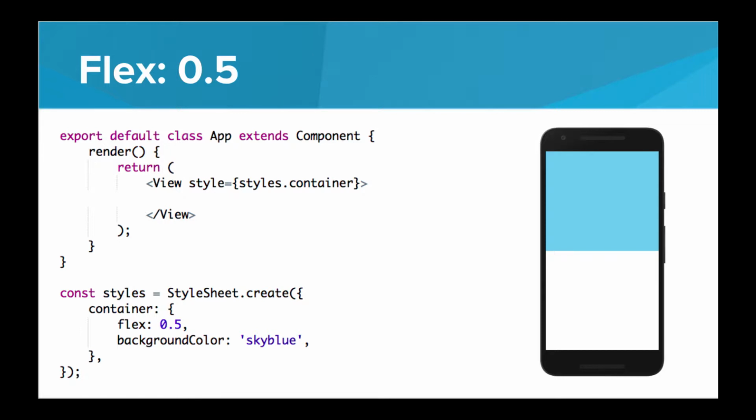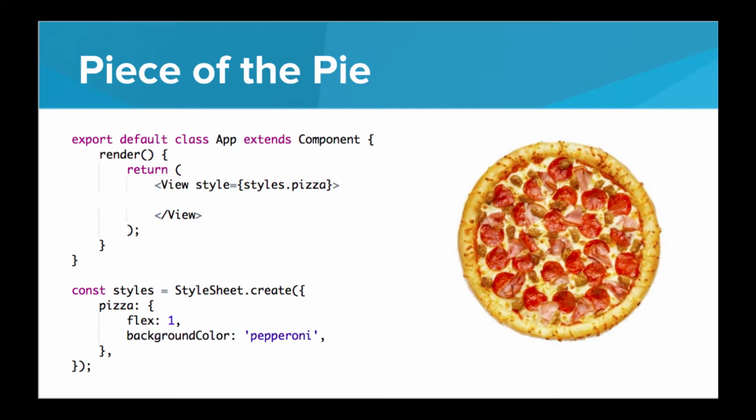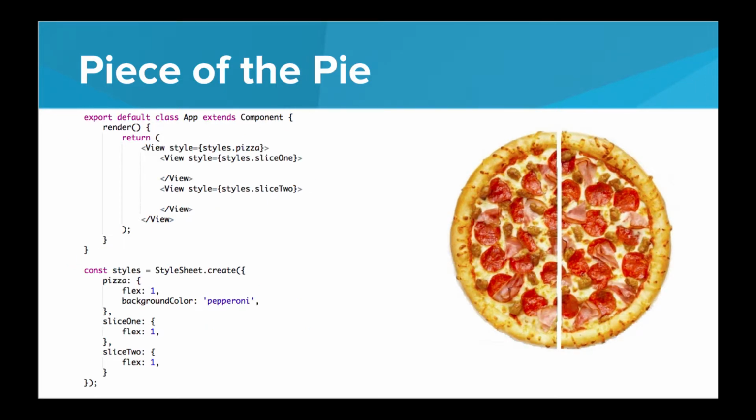You and your friends want to order one large pizza. You call up the local pizza spot and order one pizza. This pizza is the parent view container. It is the only thing being returned to you, and you want to fill up the entire box. You wouldn't want to give it a flex value of less than 1 because you want the whole pizza delivered. In this scenario, it is just you and your friend and you are equally hungry.